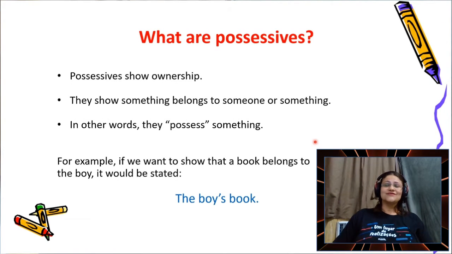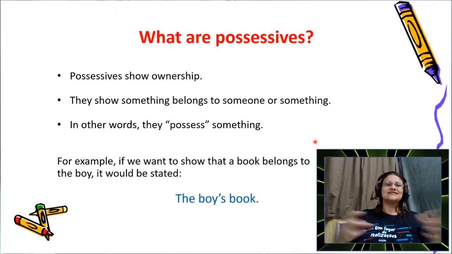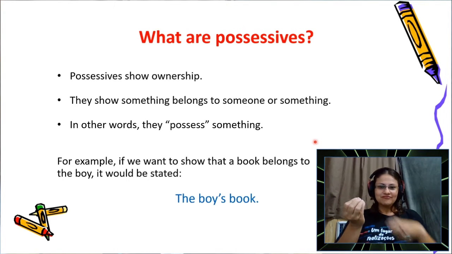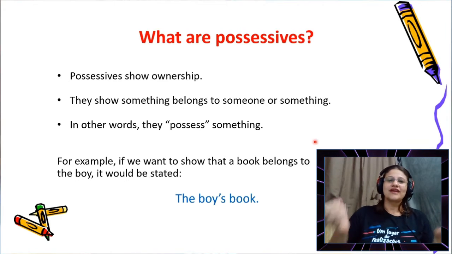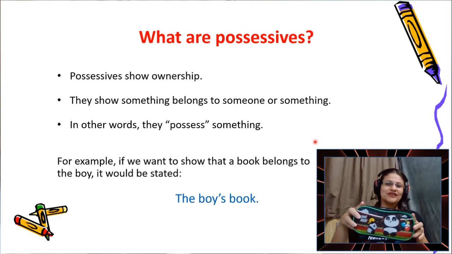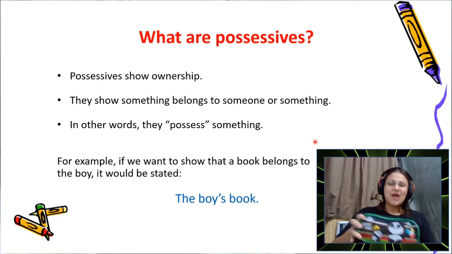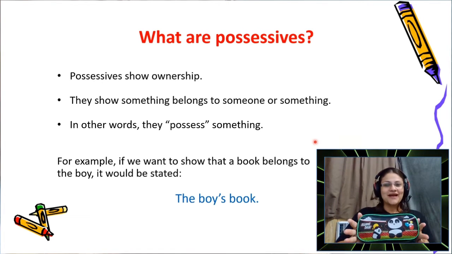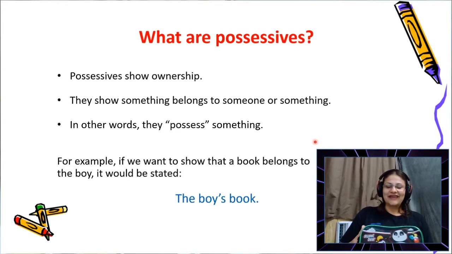Guys, possessives show ownership. That means that something belongs to someone or something. For example, I have here my beautiful pencil case. Yes, my beautiful pencil case.